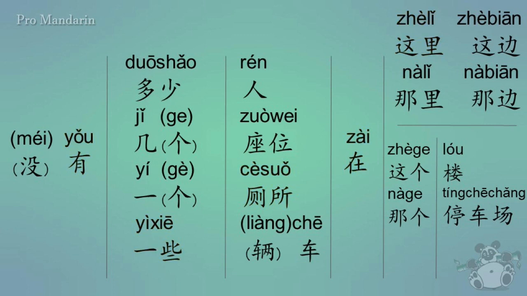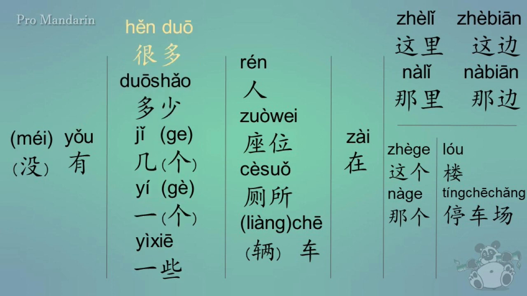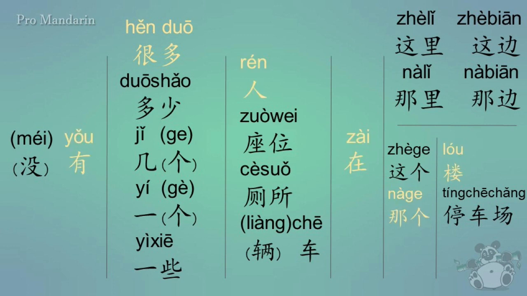All right, let's go ahead and do a couple more before we finish up here. But before we do that, just a little clarification on the word 多少. If you were to split those two words apart, 多 means many and 少 means few. So just to give you an idea, if you were to say there are a lot of something, you would say 很多. So how would you say then there are a lot of people in that building? 有很多人在那个楼.